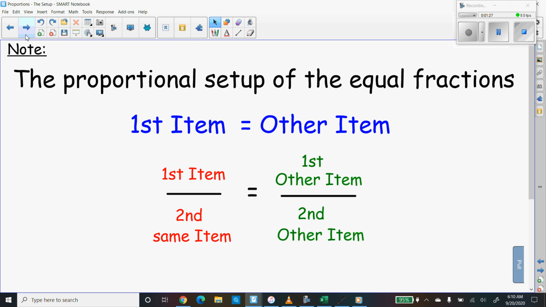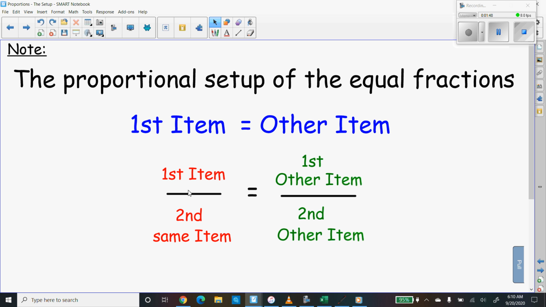So here's our setup. When we have our word problems, the proportional setup of the equal fractions is whatever the first item they tell you is going to be compared or equal to the other item. So we are going to remember that proportions are equal fractions. So we set it up as the first item that they'll talk about is going to be equal to the first other item.